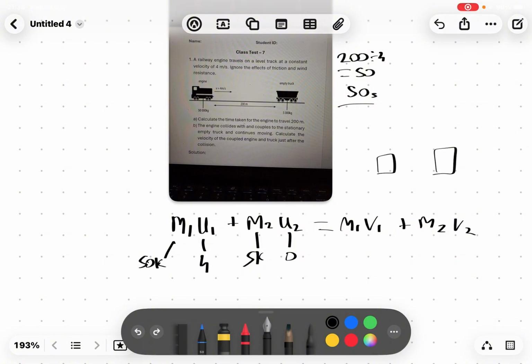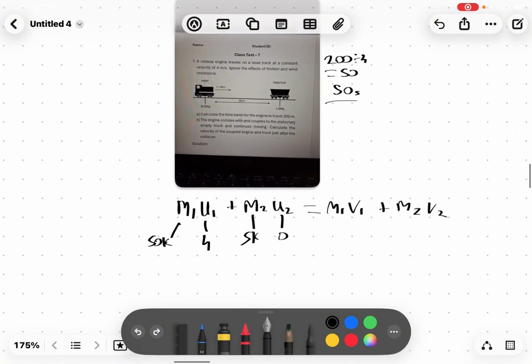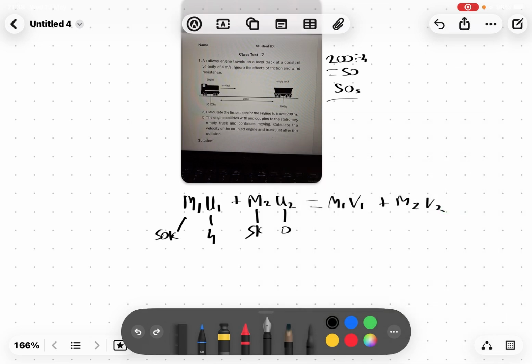It's not moving, and this one is moving and pushes it. After they push, they move at the same time, so the velocity is the same, which makes it much easier. So, 4 times 50k is 200k. 5k times 0 is 0, so this is equal to 200k.